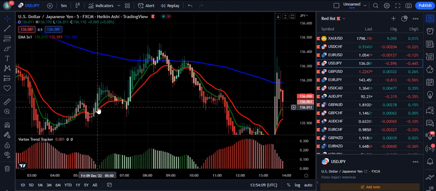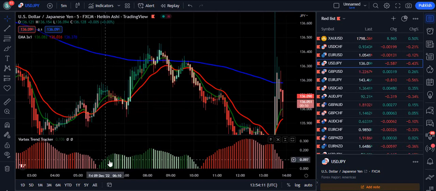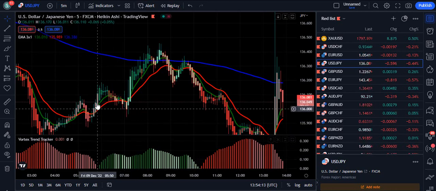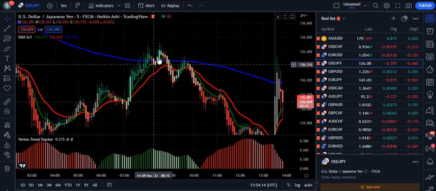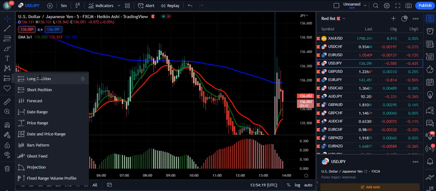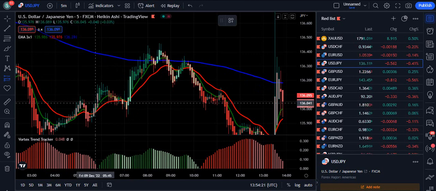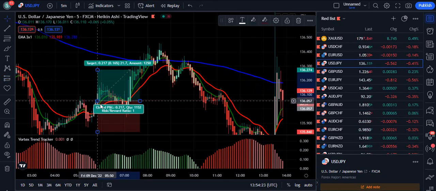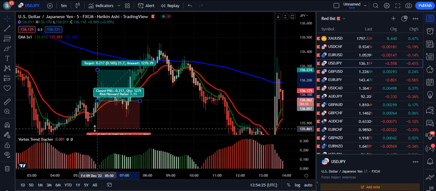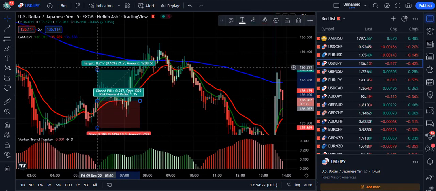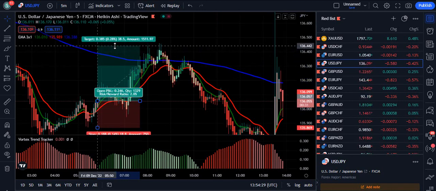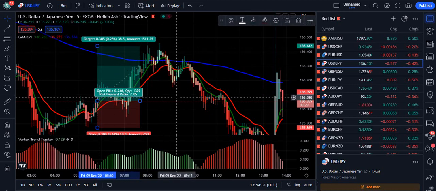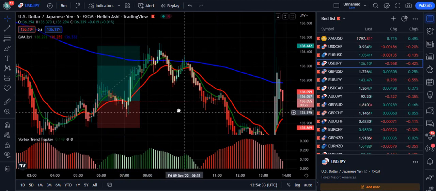We'll wait for the Vortex Trend Tracker to give you a green signal, and then you can enter into it, and you can see how much profit it has given you on that trade. From here the histogram turned into green color. You can simply set up a stop loss at the previous low of the market, and you can check that you were able to catch a very decent 2.05 trading ratio on this one.